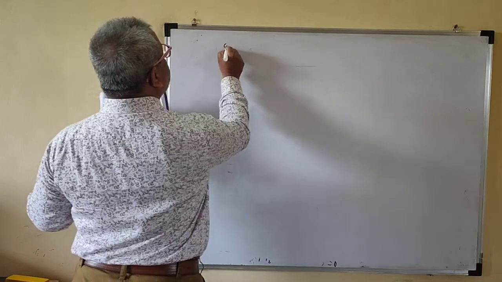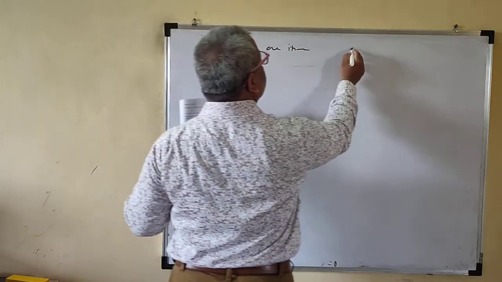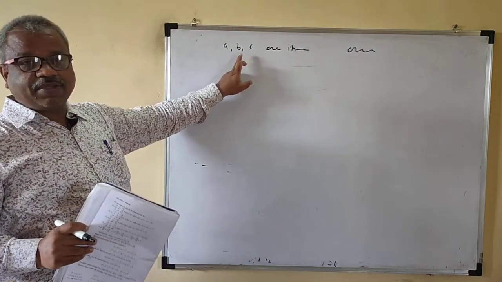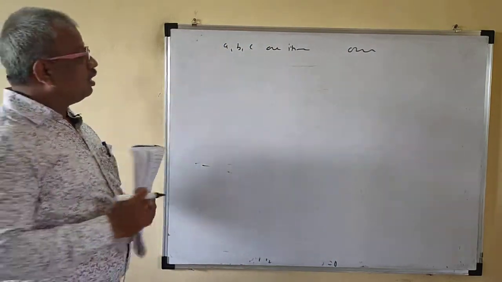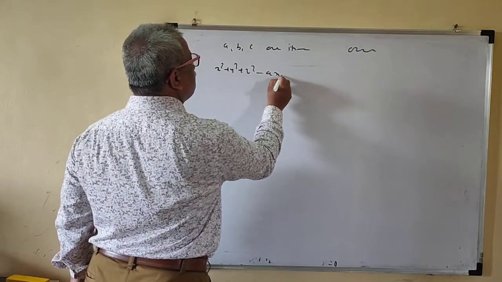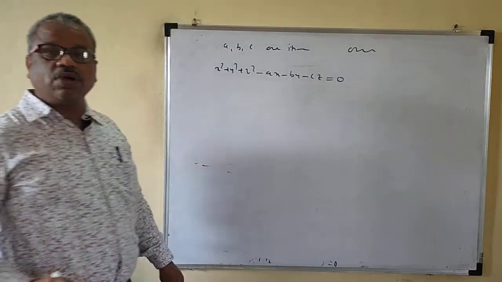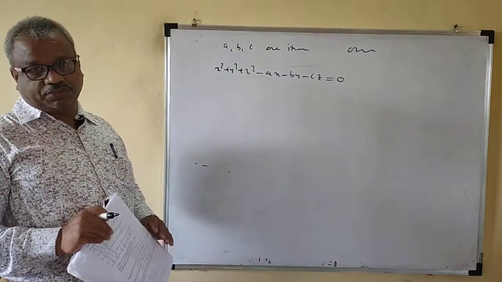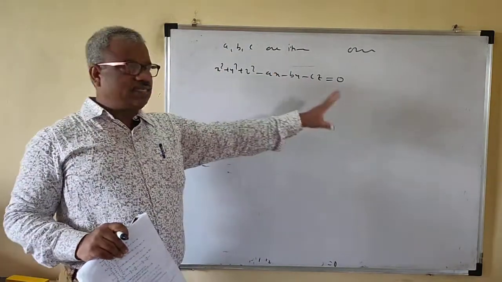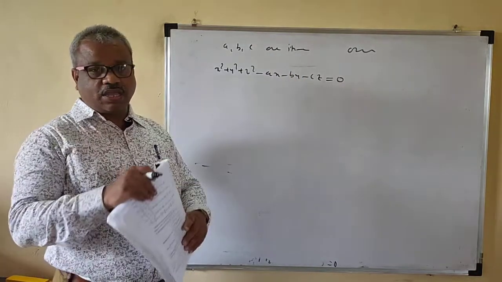Suppose a, b, c are the intercepts and the sphere is passing through the origin. For a sphere passing through the origin and making intercepts a, b, c on the coordinate axes, the equation you can directly write is x square plus y square plus z square minus ax minus by minus cz is equal to 0, because your sphere is passing through the origin.